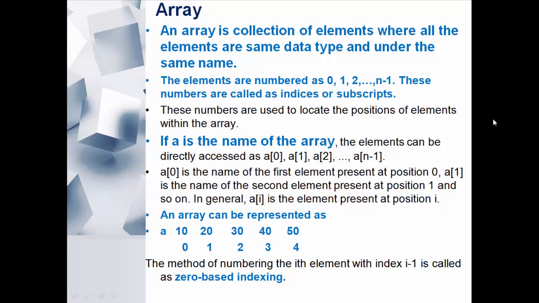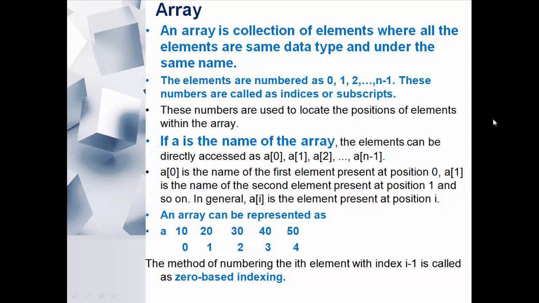So, an array is a collection of elements where all the elements are of the same data type and under the same name. Means it contains some elements, so it is a homogeneous collection. So an array is a collection of homogeneous data elements where all the elements are of the same data type under the same array name.